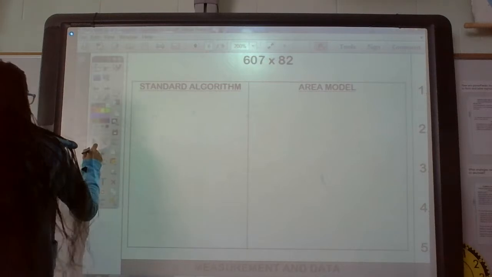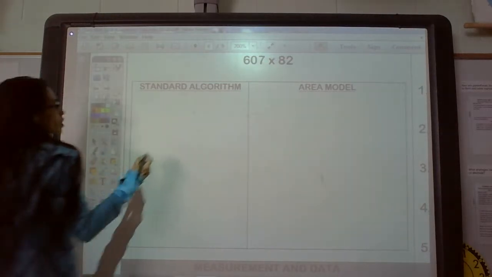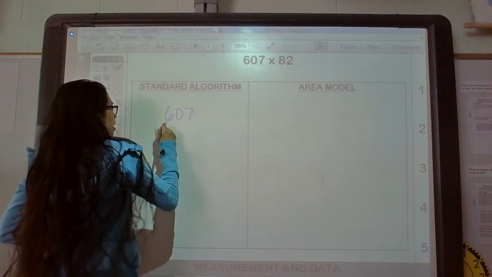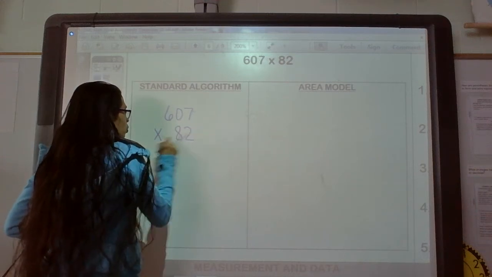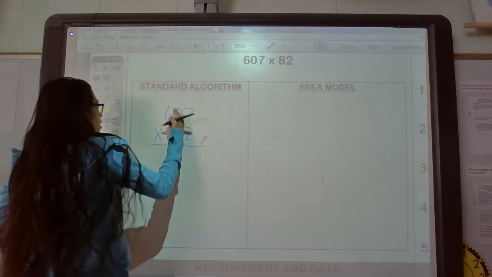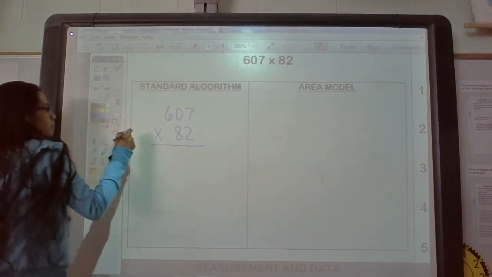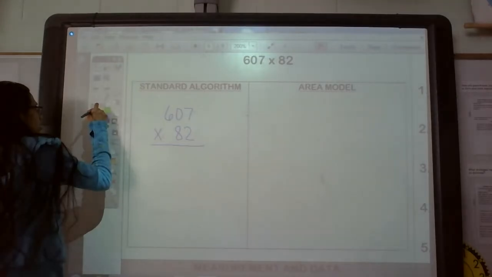Let's begin by doing the standard algorithm. Let's write 607 vertically times 82. Make sure the ones digits are lined up, the tens digits are lined up. And we begin by multiplying what?